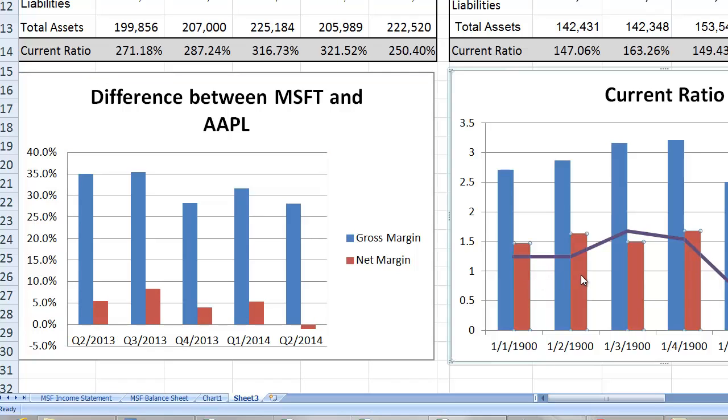To a certain extent, you can say that Apple does a pretty better job in terms of managing the current assets. It may be because they manage their cash better. They can find a good way to use their cash. They may collect their account receivable better, or they manage their inventory better in the sense that they keep it low, sufficient to support sales but not too much.